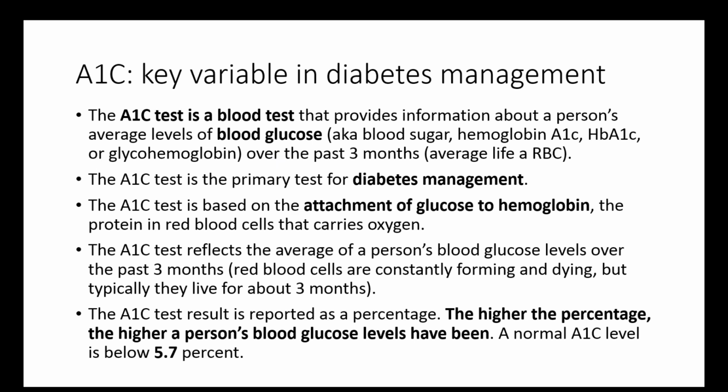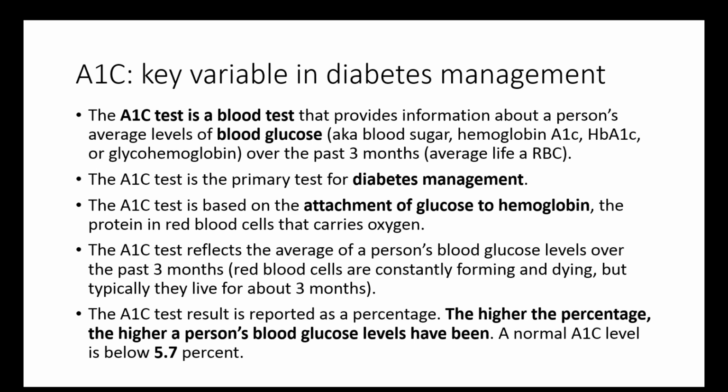So this is the best way to tell if something is working in diabetes management. And it is due to the fact that glucose attaches to hemoglobin in the red blood cells.